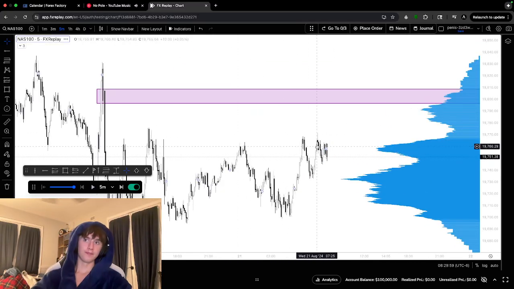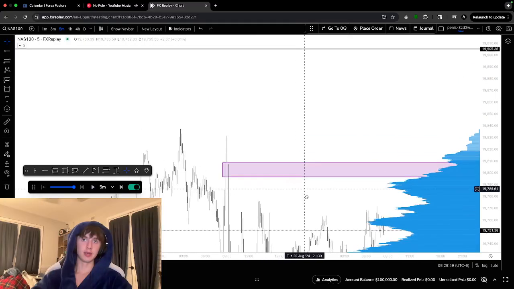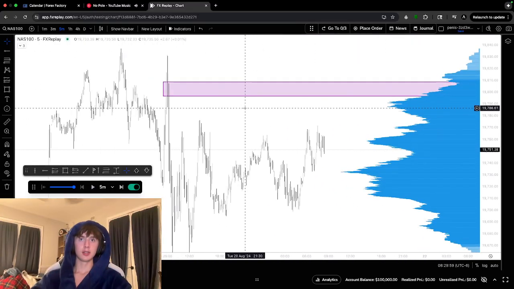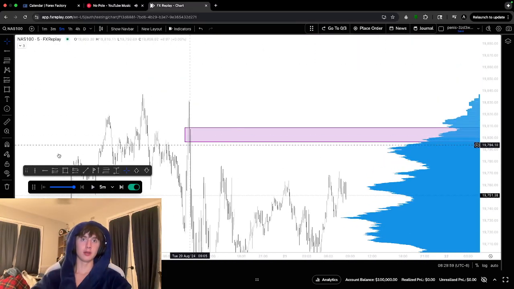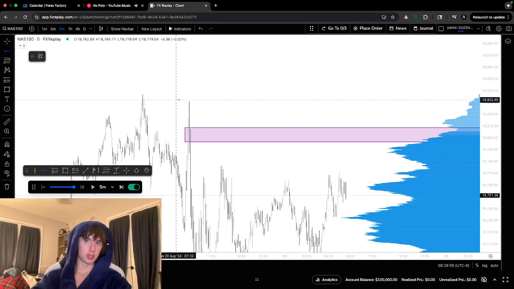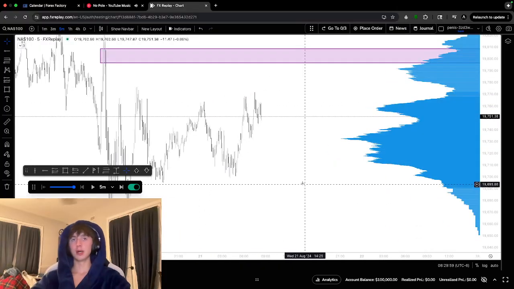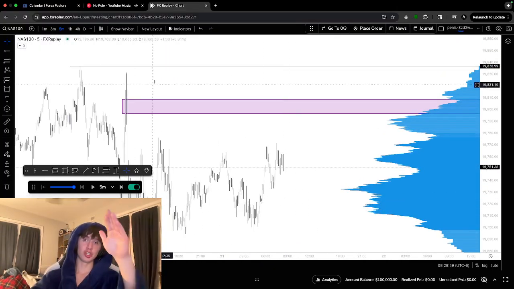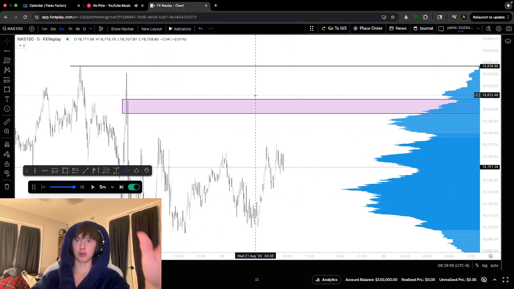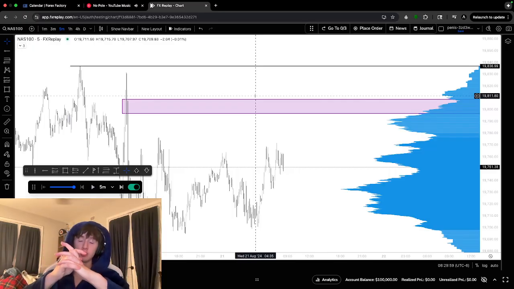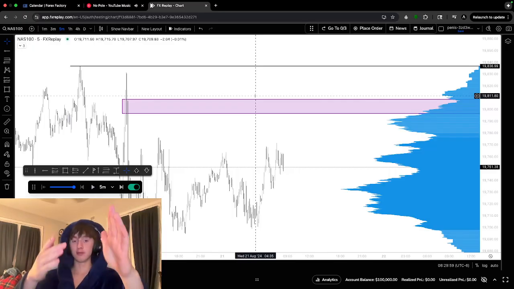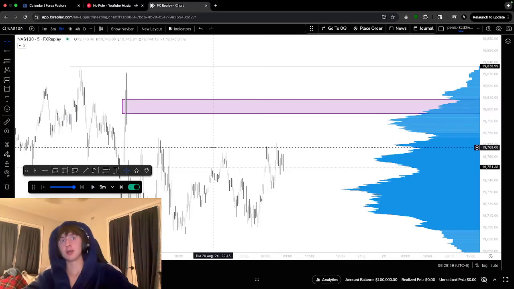Alright, so the furthest 5-minute gap I can find is right here. Since we are bullish, we're going to target these highs. But realistically, we're just targeting this 5-minute gap because we know price is going to want to tap that if we're bullish. It just is, because it's the furthest.